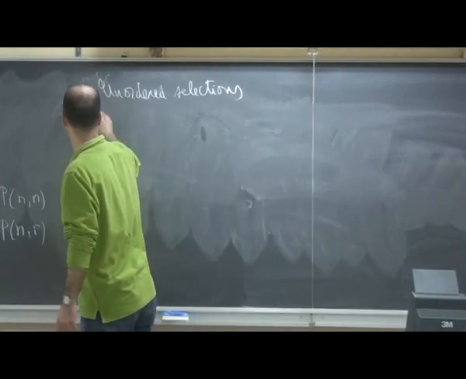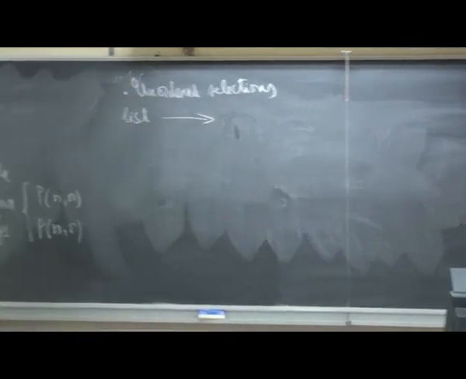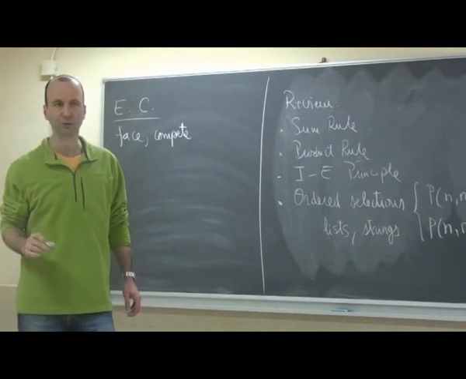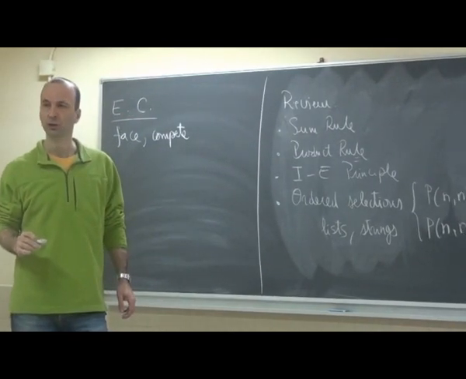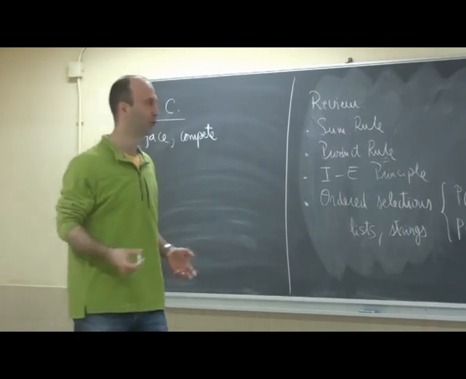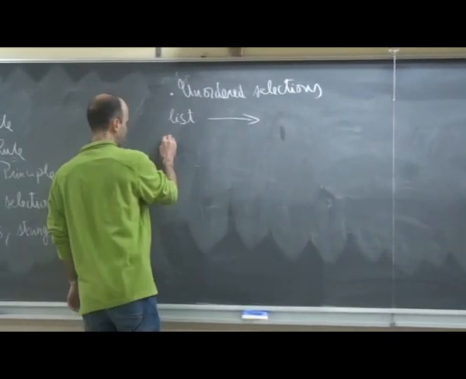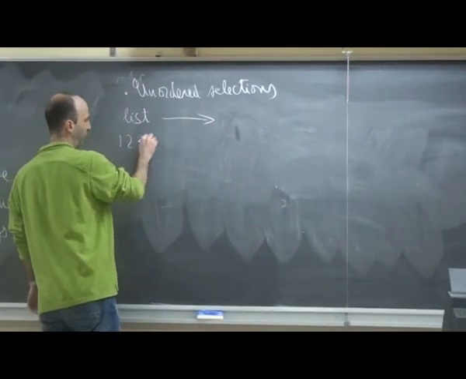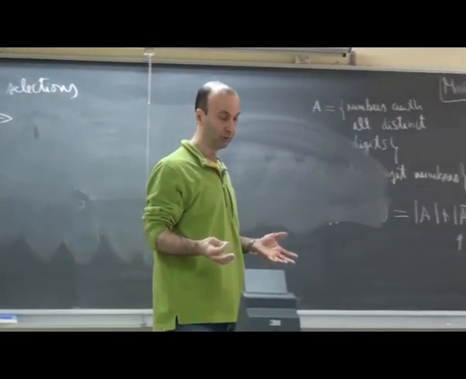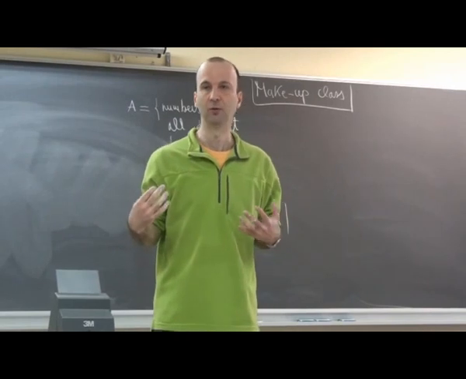So if I have a list, what's the corresponding concept when you remove the order? In a list, order matters, right? So if here I write 1, 2, 3, 4, that's a string or a list. If I remove the order, what do I get?